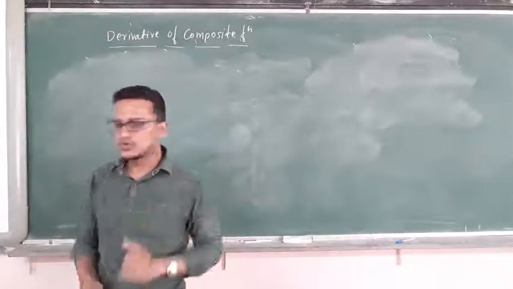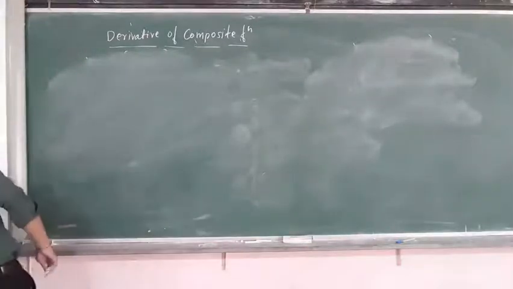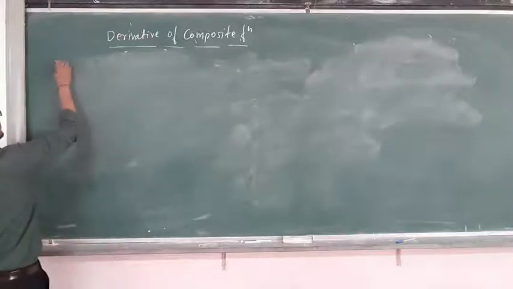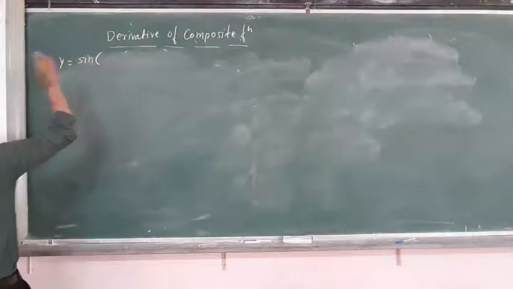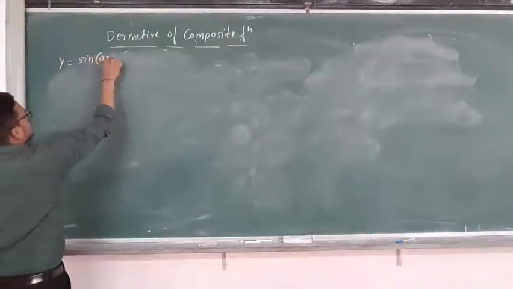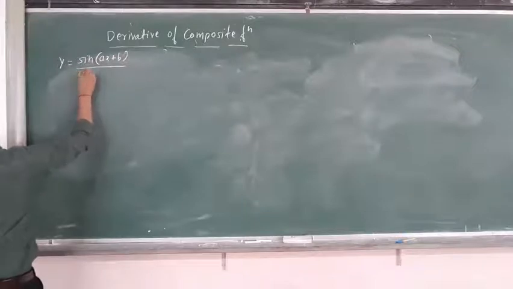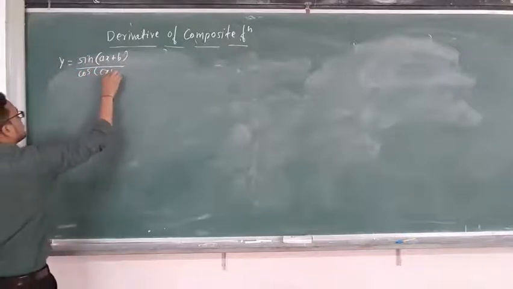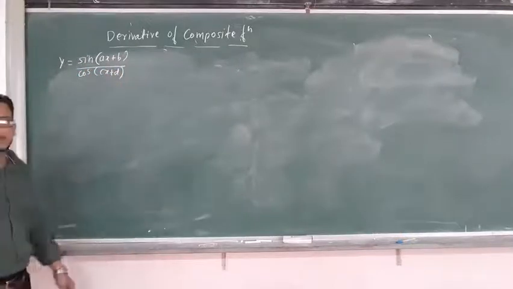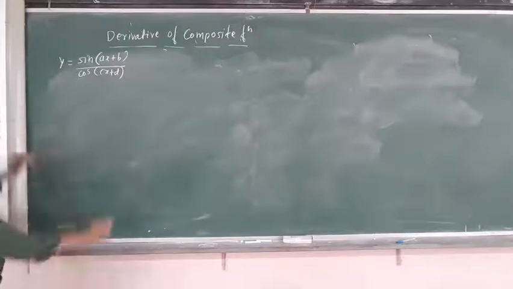That is the quotient rule. So let us take one example based on that: y = sin(ax+b) divided by cos(cx+d).